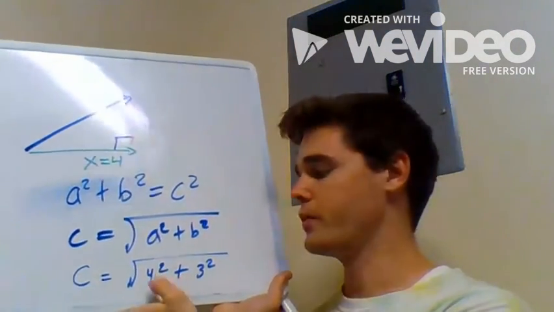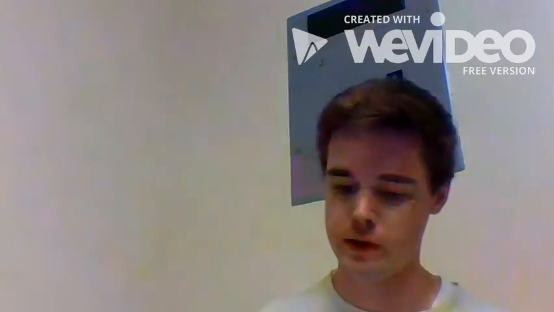Or it could be 3 squared plus 4 squared. Either way, it works the same, which would come out to the square root of 25, which is just 5.